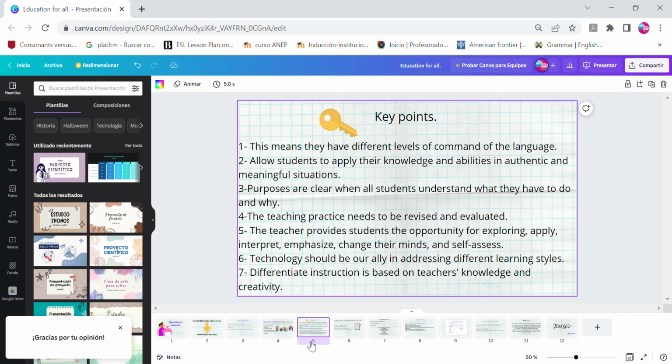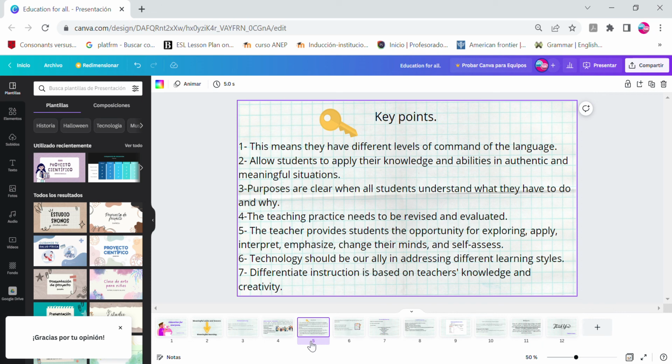So again, the meaning is essential, and owing to the fact all students are different, it is important to make the unit and lessons have a sense for all of them, taking into consideration those differences. The teaching practice needs to be revised and evaluated.